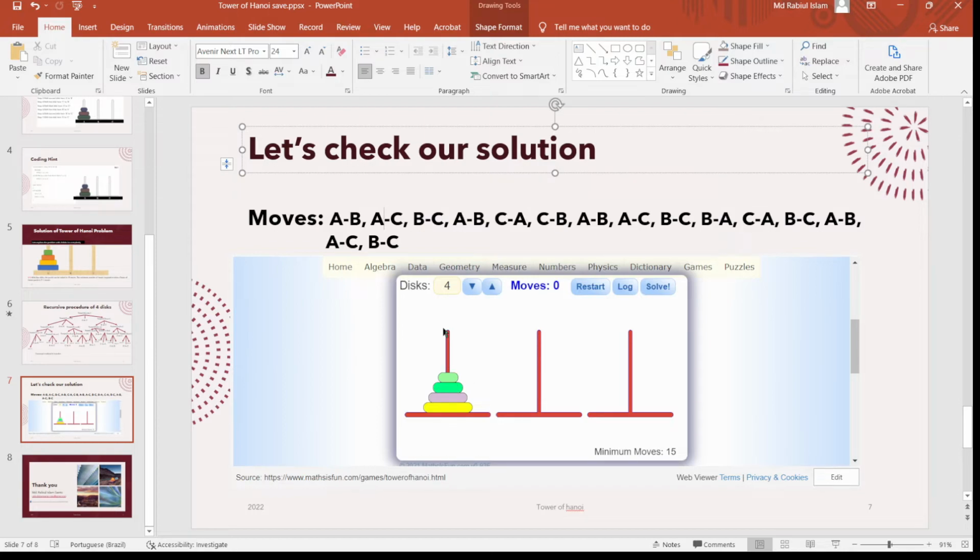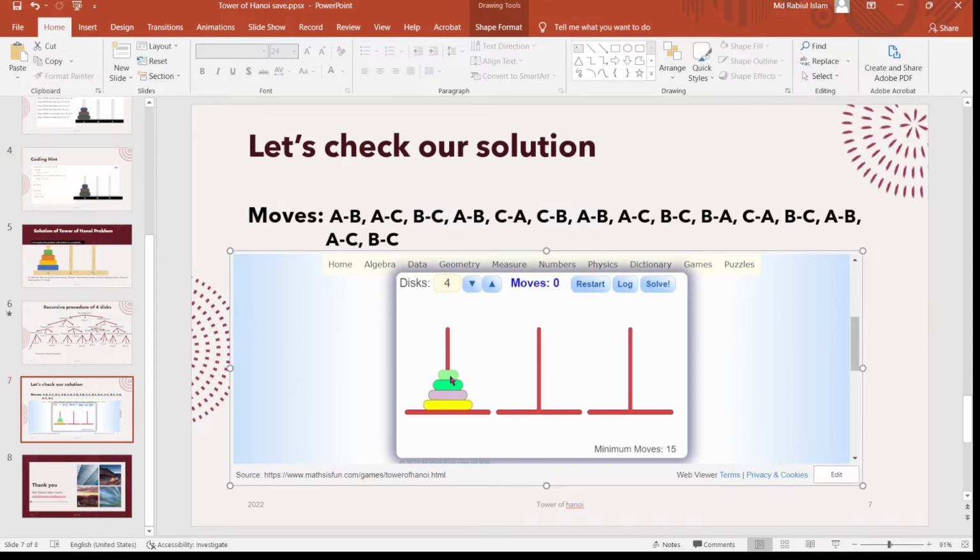Let's follow the instructions to solve this problem and check whether the solution takes minimal moves. At first we move A to B, A to B, then A to C, then B to C, and that is the solution of number 2.